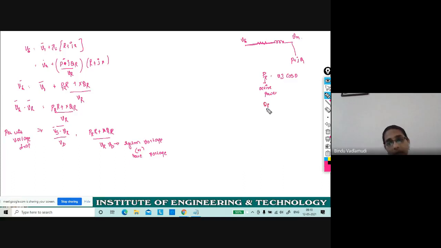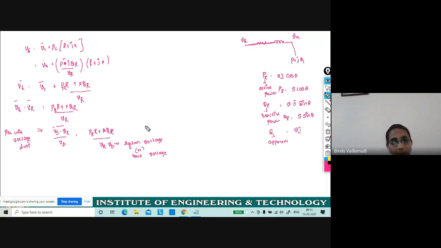QR is the reactive power, which is equal to V into I into sin theta. And S is the apparent power, which is equal to V into I. So I am replacing PR as S cos theta and QR as S sin theta. Is there anything wrong if I write like this?